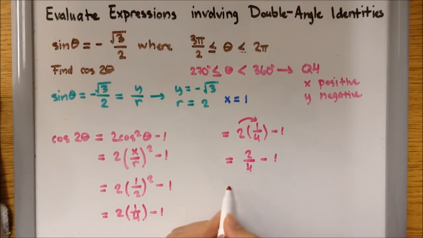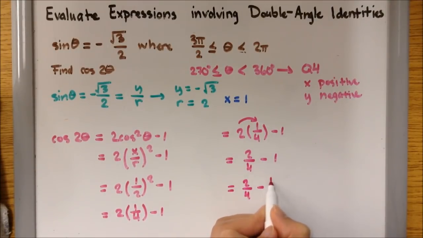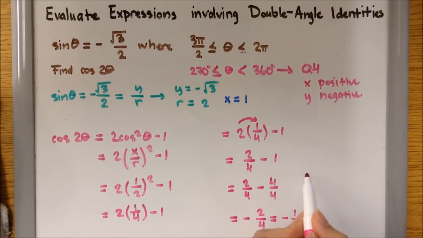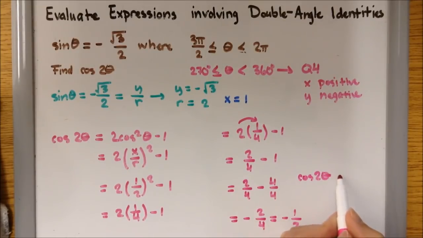Since we have a fraction with a whole number, it's going to be 2 over 4 minus 4 over 4, which will simply become negative 2 over 4, which can simplify into negative 1/2. So cosine of 2 theta for this example will be negative 1/2. And that will be our final answer.